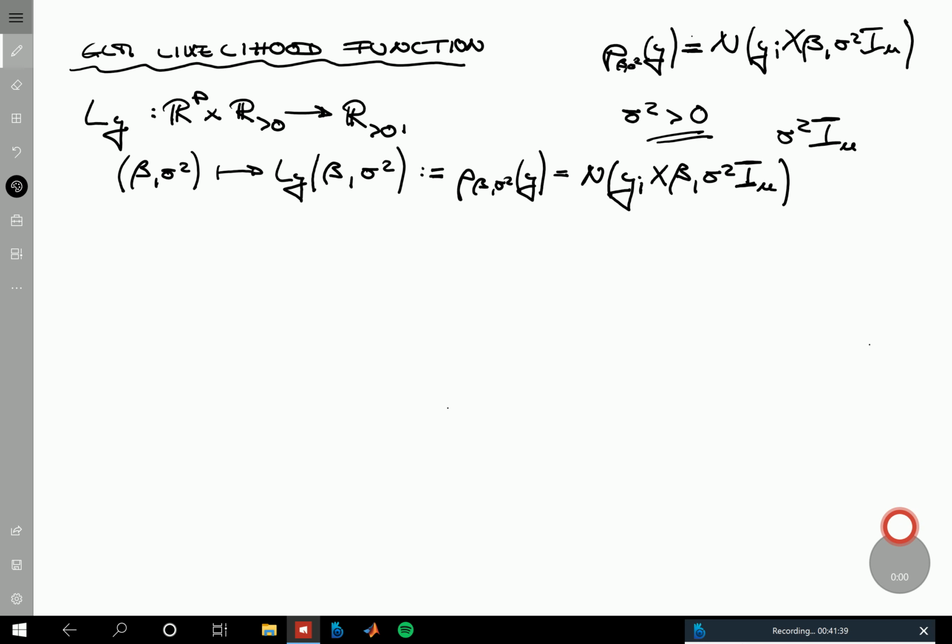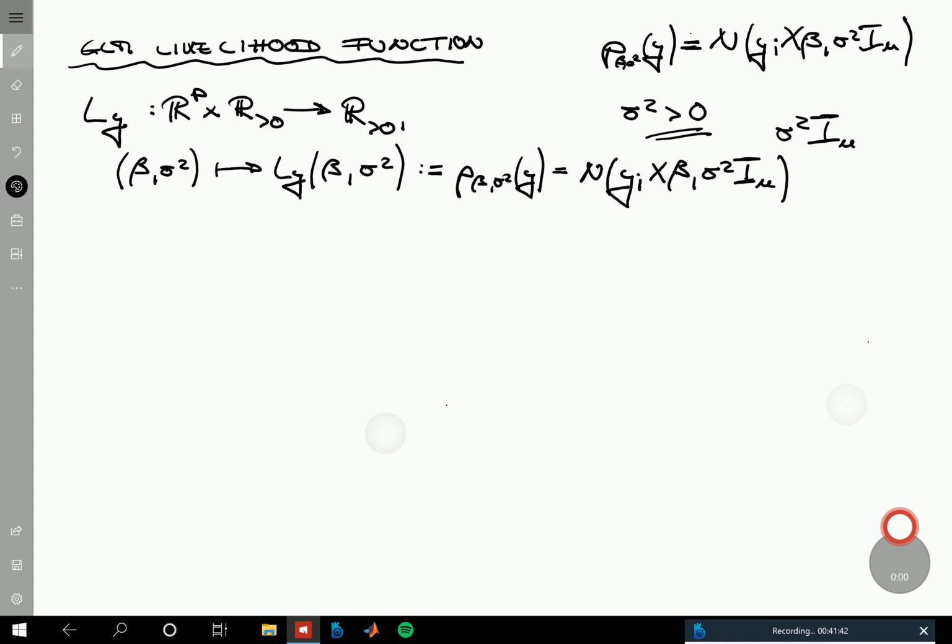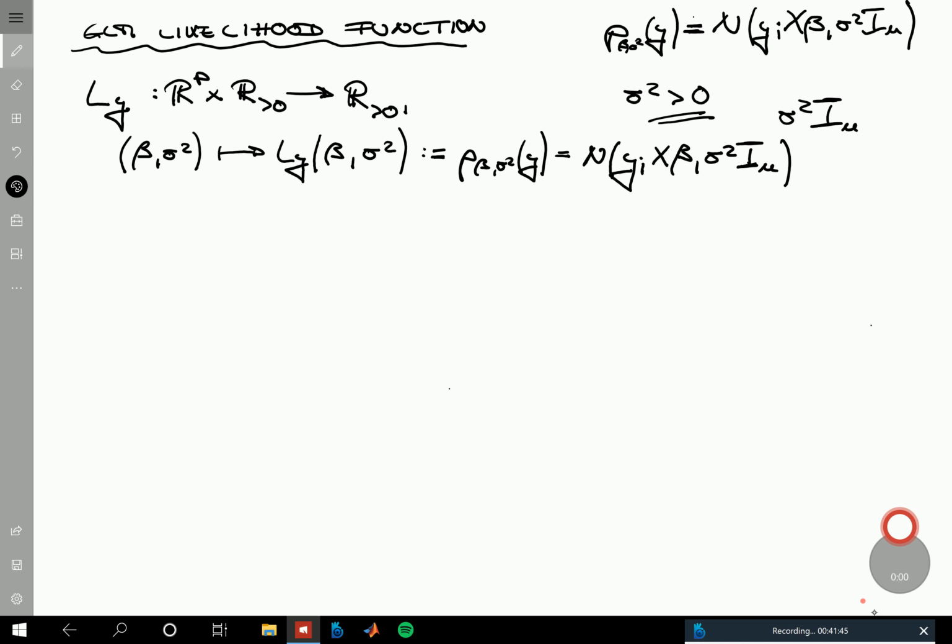Then we want to find a beta and a sigma square that maximizes this. So essentially what we want is a tuple of this, which is given as the maximizer over the parameter space.